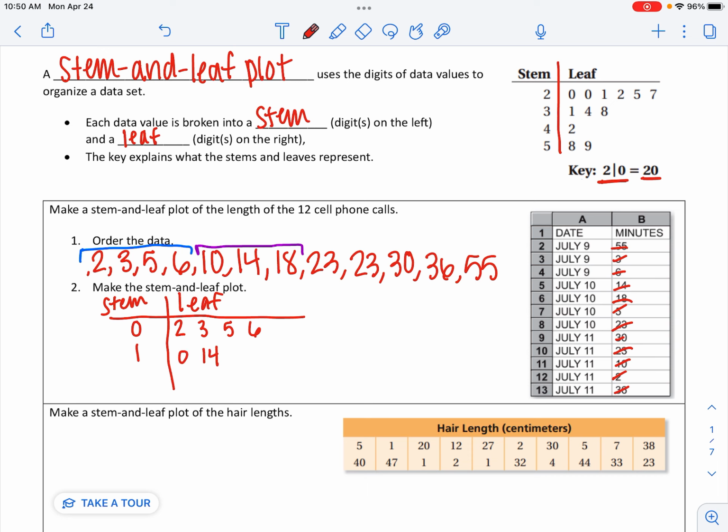A 4 would represent 14. And an 8 would represent 18. Next, we have our 20s. And so I'd put a 2 there. And then there's 2 23s, so I'd put a 3 and a 3.